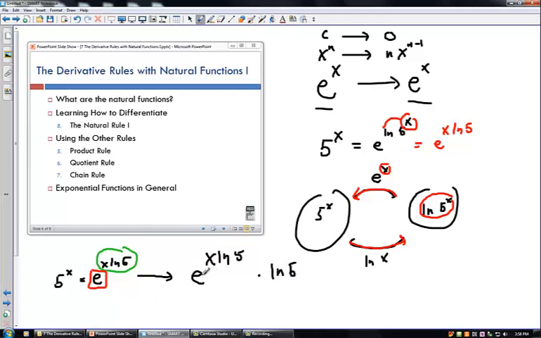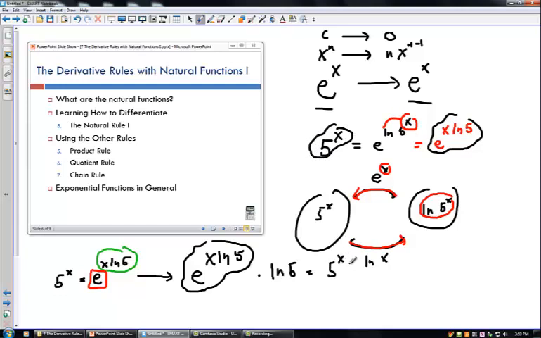And if we rewrite this, with the understanding that this thing here is the same as this thing here, so it must be the same as that thing there, this is just equal to 5 to the x times ln of 5. Let's erase this so I don't confuse you guys with what this is, ln of 5.